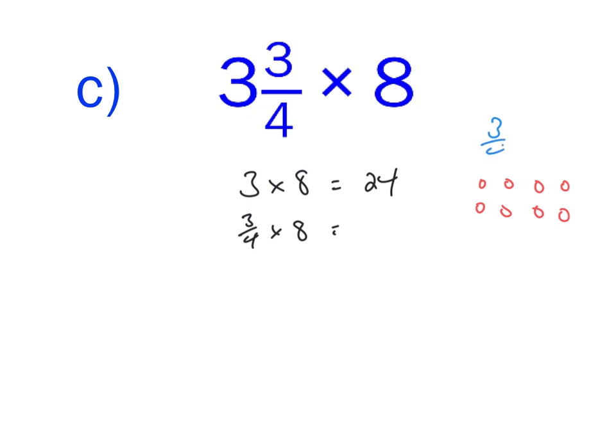So 3/4 is what out of 8? 6. Right, so that's why it's 6. Now we write 6, and then we add these together, and we get 30.